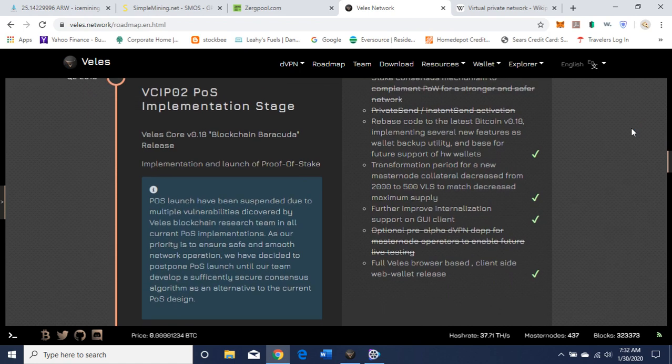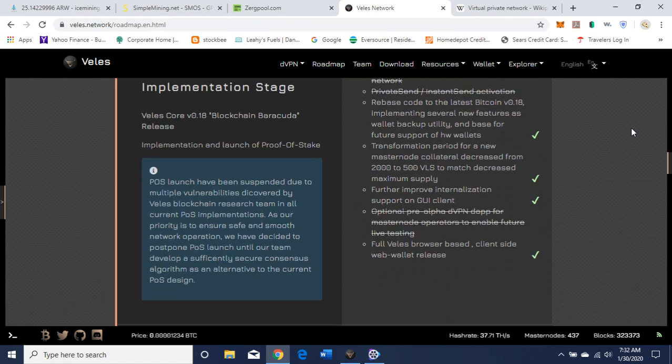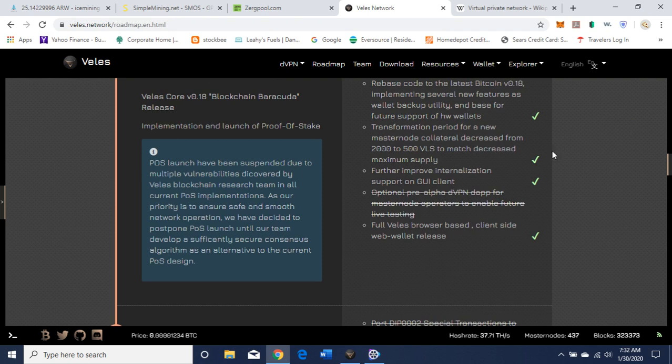you get a chance. So here, if you want, this is why you need to read this when you get a chance, because they're talking about proof of stake launch having been suspended due to multiple vulnerabilities discovered by Veles blockchain research team in all current proof of stake implementations.